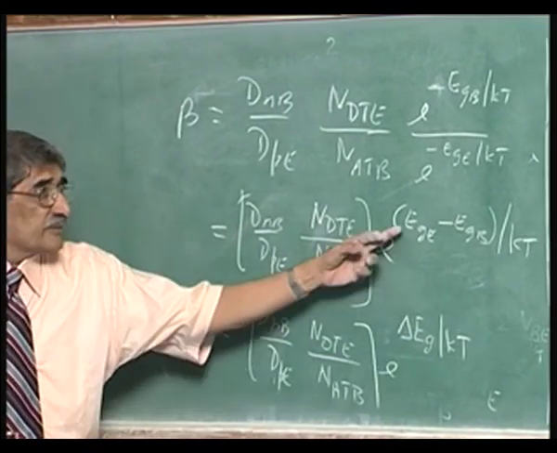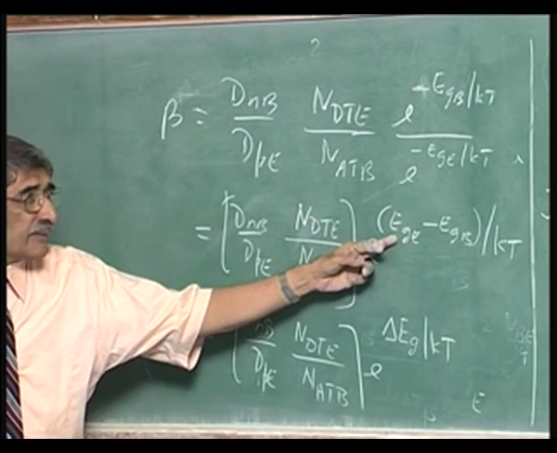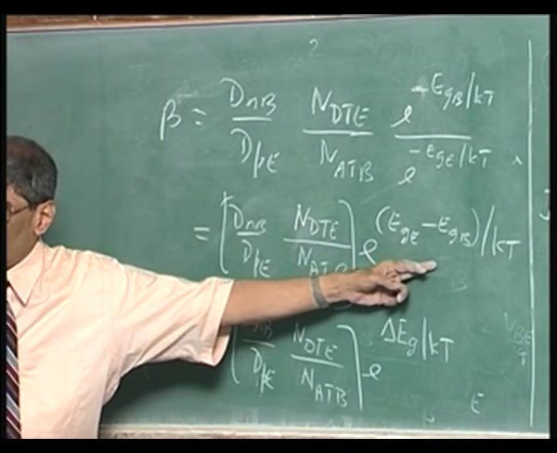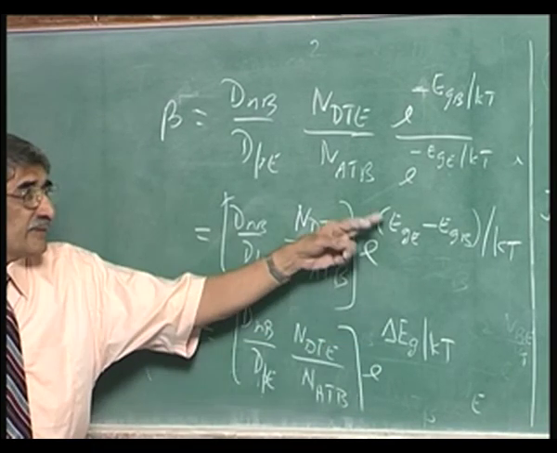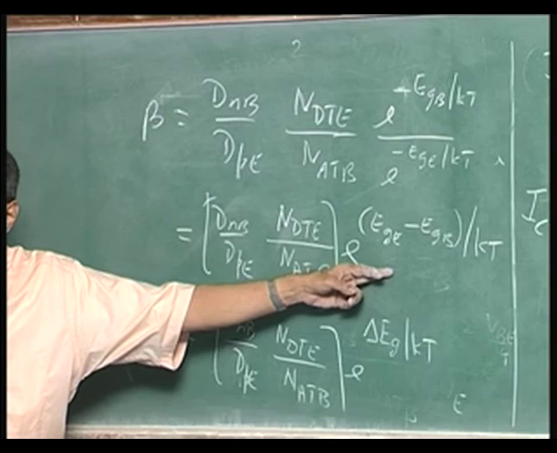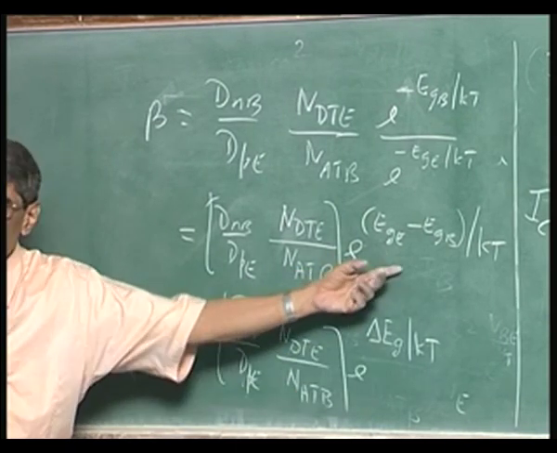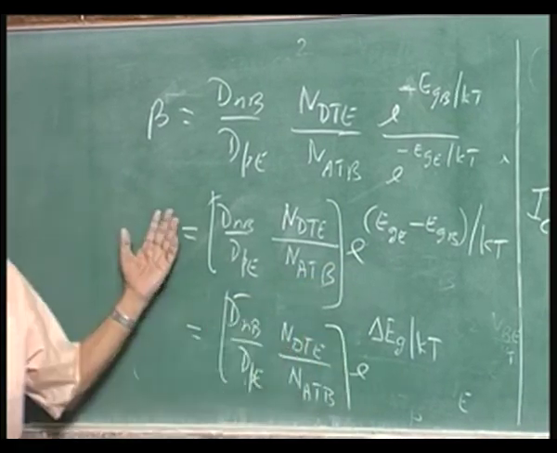Now, if the band gap here is smaller than that, you are gone. This becomes negative. If emitter band gap is smaller than the base band gap, this will be a negative quantity and beta will be even poorer.